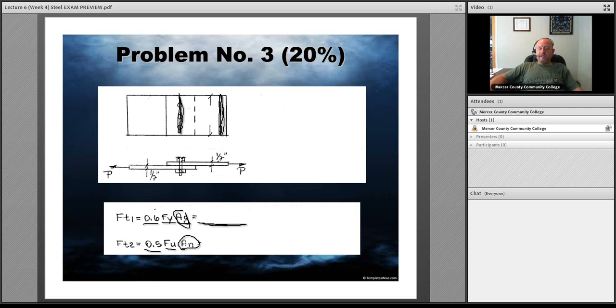So the area of one hole is going to be 7/8 of an inch plus 1/8 of an inch. We will always assume that a hole is 1/8 of an inch wider than a bolt. So it's 1 inch wide by 1/2 inch thick. That gets me the area of one hole.